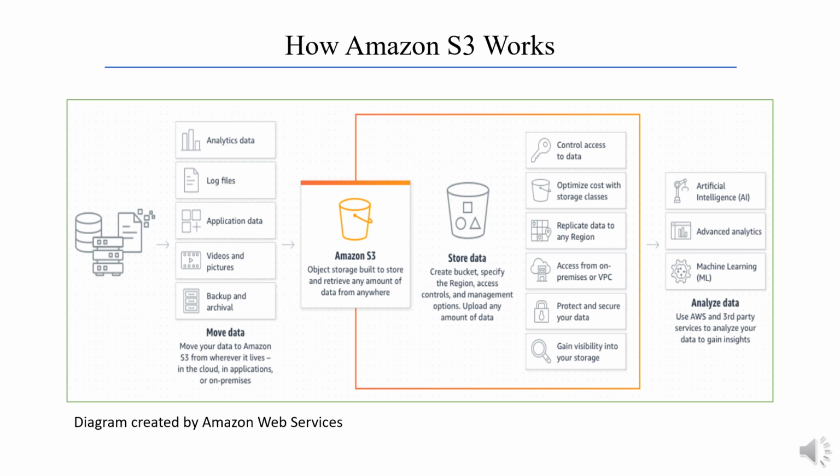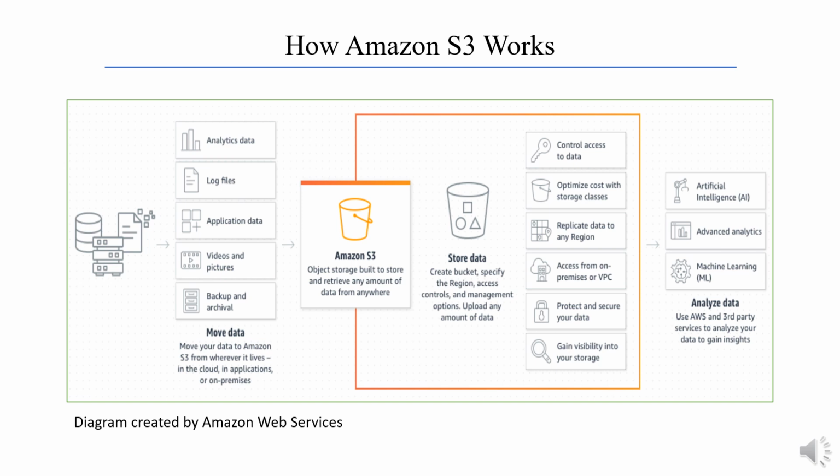The second section also has icons that show Amazon S3 features. The features are control access to data, optimize cost with storage classes, replicate data to any region, access from on-premises or VPC, protect and secure your data, and gain visibility into your storage.